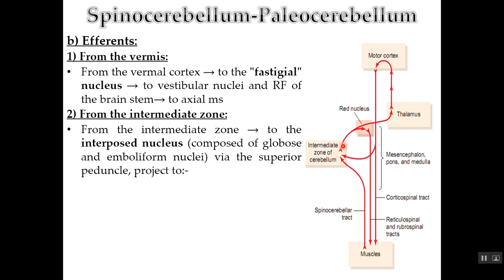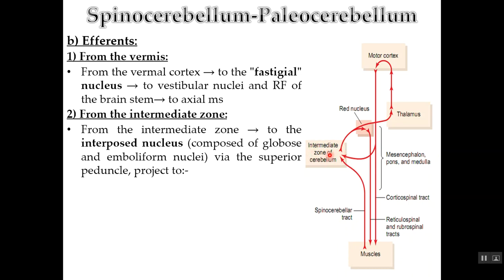It receives afferents from the brain and brainstem centers, and also from the peripheral receptors via the spinocerebellar tracts, including the dorsal and the ventral.